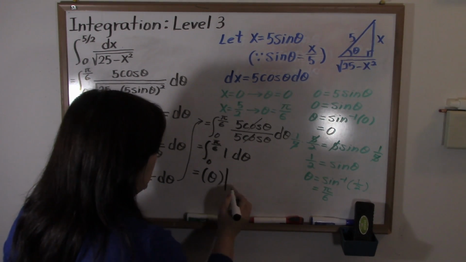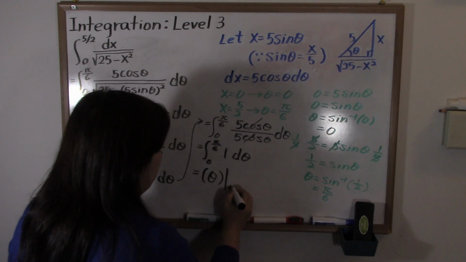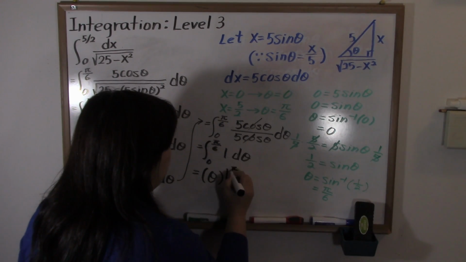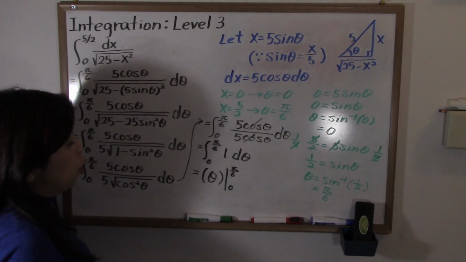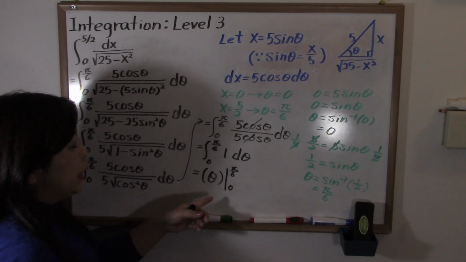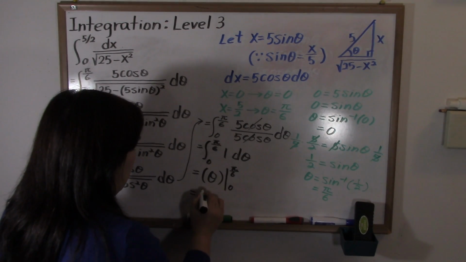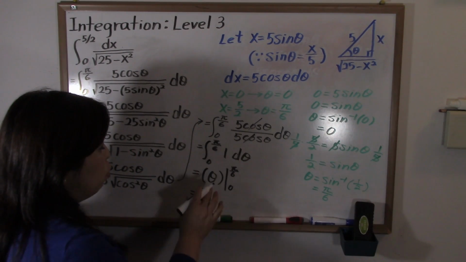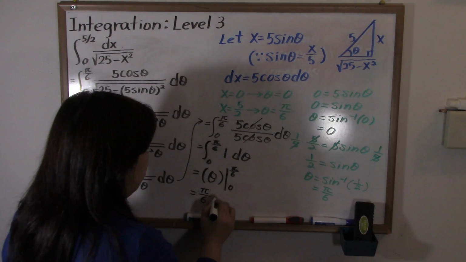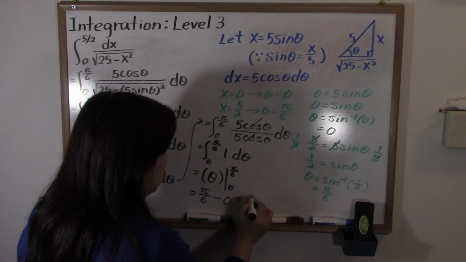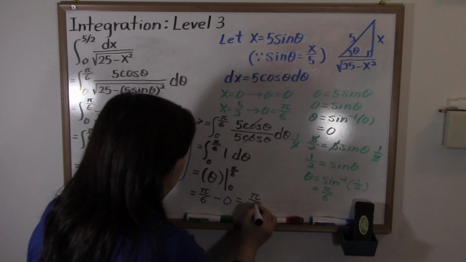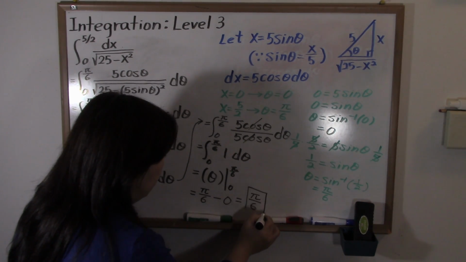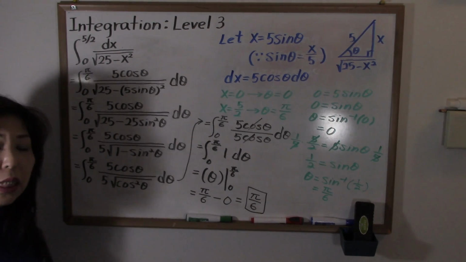So the lower boundary is 0, and the upper limit is pi over 6. Okay, so now we're going to plug pi over 6 into theta, so pi over 6, and subtract the next one. We're going to plug 0 into theta, minus 0, which is pi over 6. So this is it. Pi over 6.